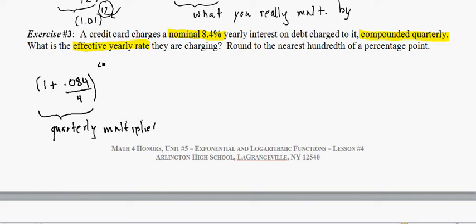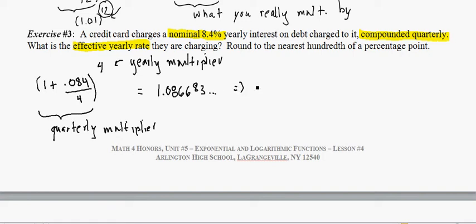But then I'm going to raise it to the fourth to turn it into a yearly multiplier. Boy, I'm having a problem here today. Anyway, when we actually do the calculation, excuse me for my very poor handwriting, we have 1.086683, etc.